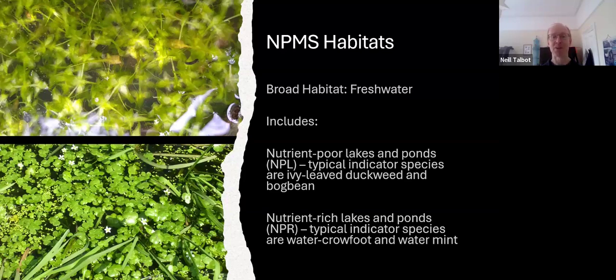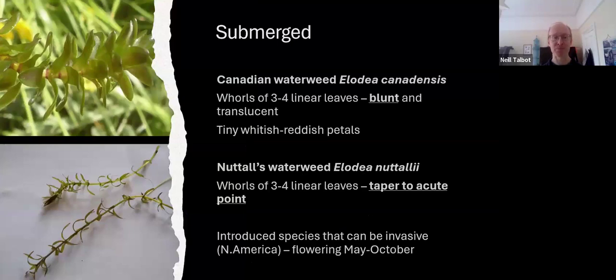But you've got typical indicator species such as water crowfoot, which I've shown a picture of, and water mint. But that's just a bit of background, but we really want to move on to the species.